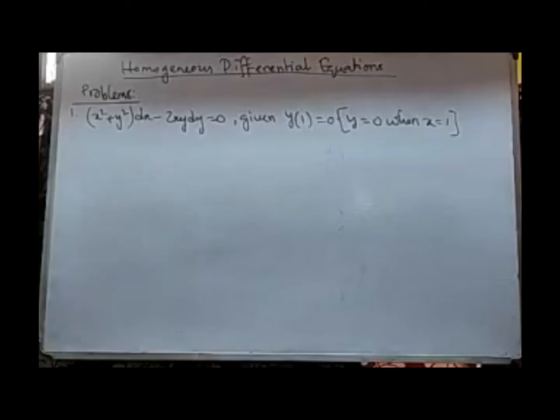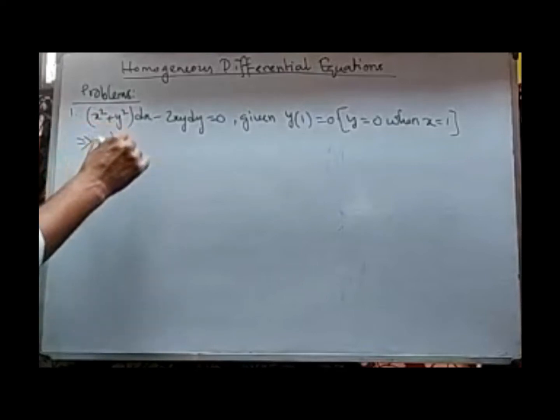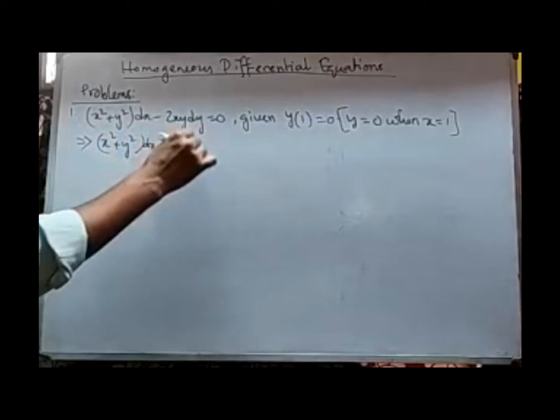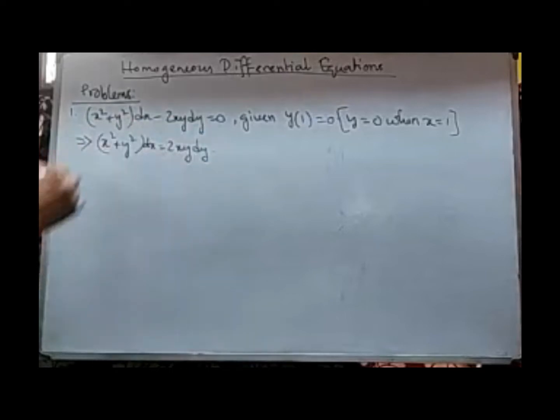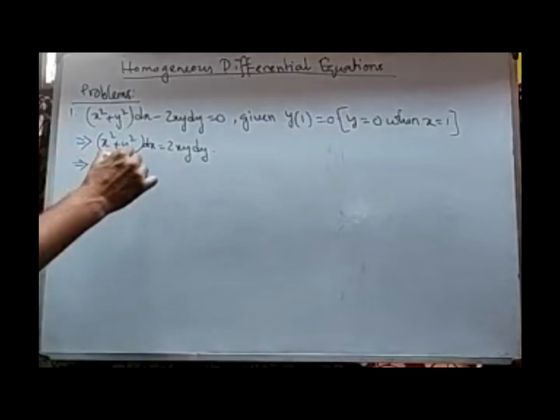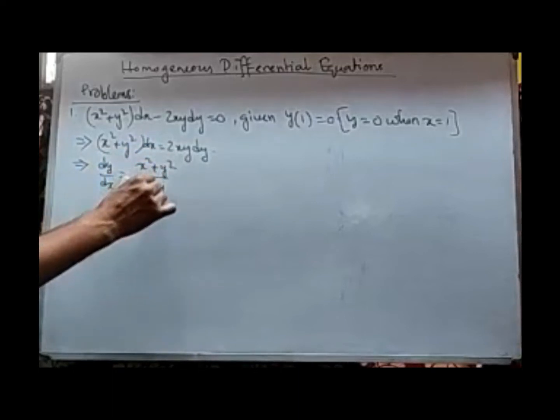So first of all, dy/dx equals f of x y in this form. So this can be written like this, and then you take dx in the denominator, so dy/dx equals (x square plus y square) by 2xy.